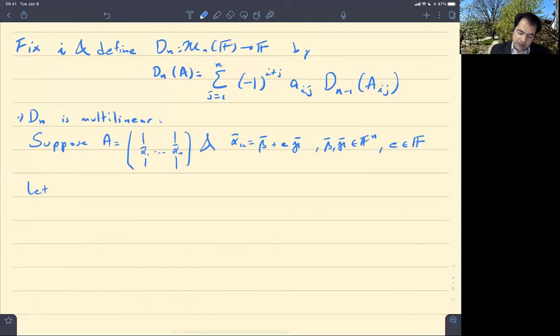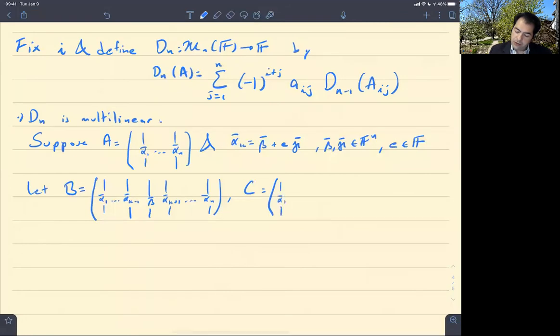Let B be the matrix you get by replacing the kth column with beta, and let C be similarly the matrix you get from A by replacing the kth column with gamma.